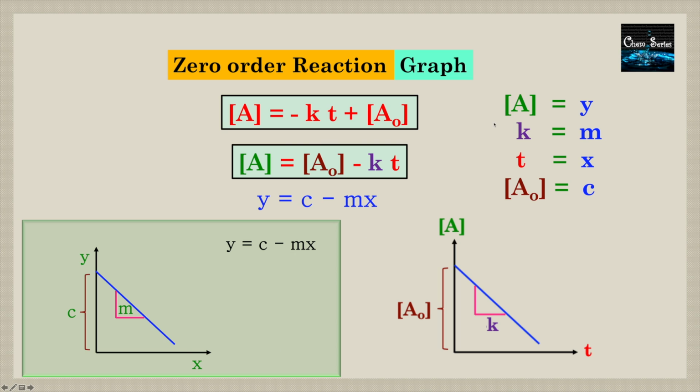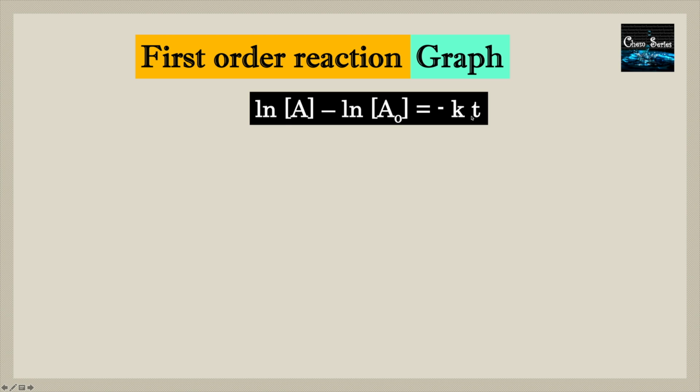When we substitute all our components on this graph, we get A naught as the intercept, A on the y-axis and t on the x-axis, and we have a negative slope k. Coming to the first order reaction graph, this is the integrated rate law equation. Rearrange this so that it becomes ln A is equal to ln A naught minus kt.